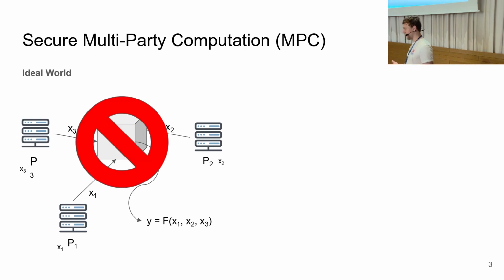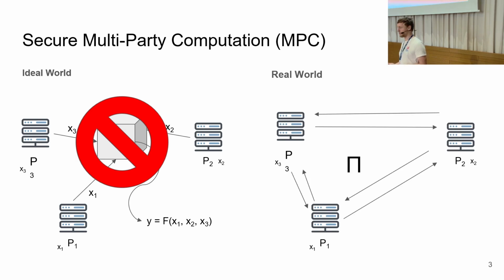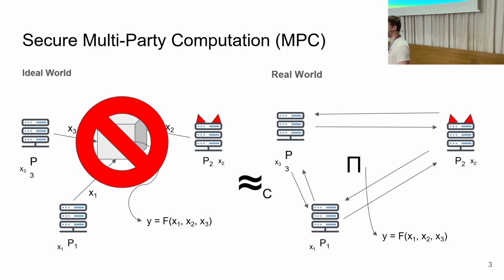In the real world, we don't have this functionality, so instead we have this protocol Pi that tries to emulate this functionality. And so we get an output, and we want to ensure that this output is computationally indistinguishable from the ideal world, in particular, even if some of the clients or servers are malicious. These red horns here indicate that a party is malicious.